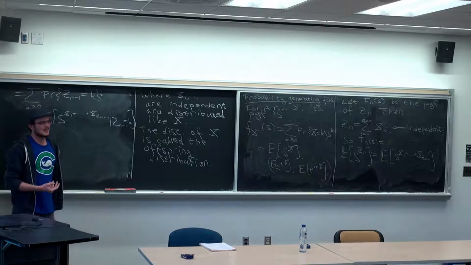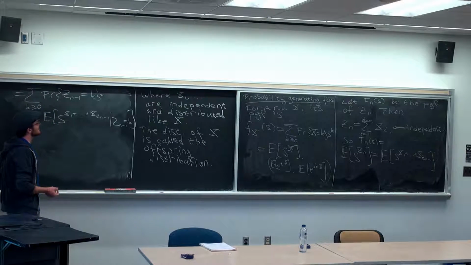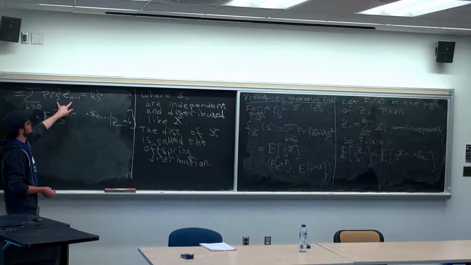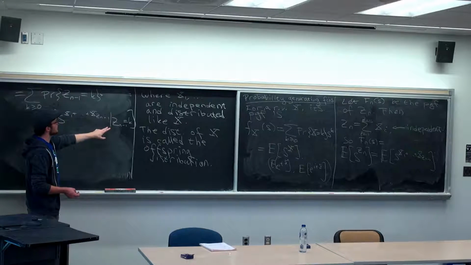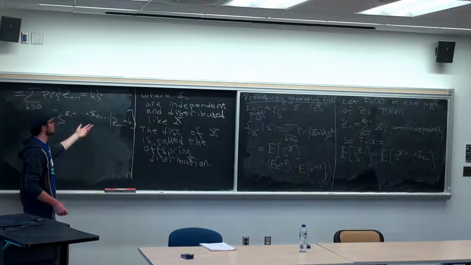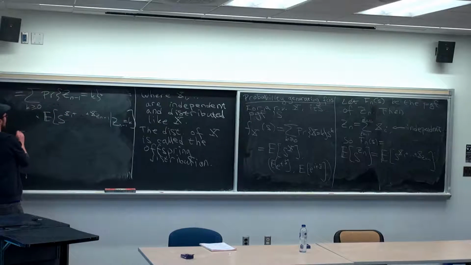What we did here is the law of total probability, I think it's called. This is how you condition on a random variable. You sum over all the values of it, and then you condition on Z_{n-1} having that value. So you sort of weight it against the probability. If you've seen this before, it's pretty elementary. If you haven't seen it before, maybe it looks weird. Anyway.